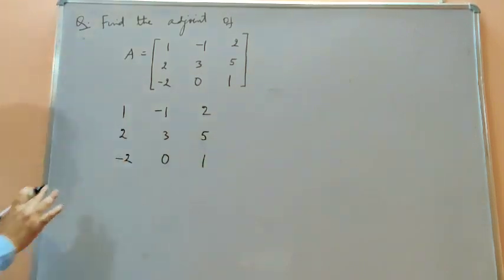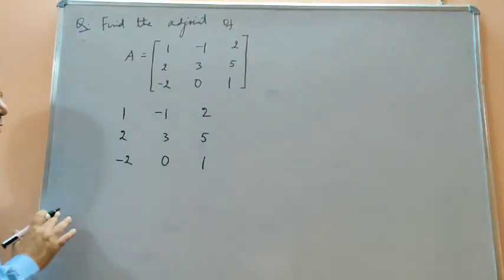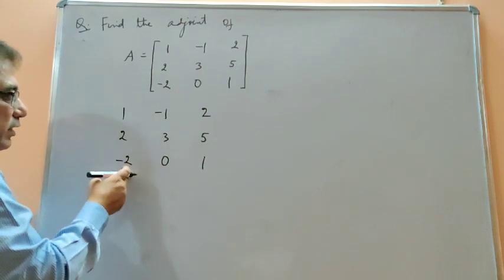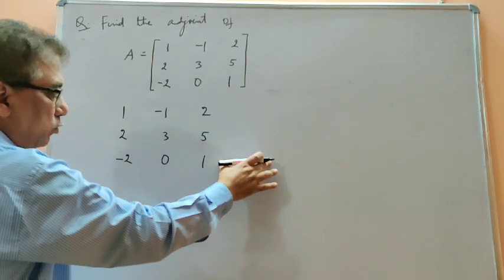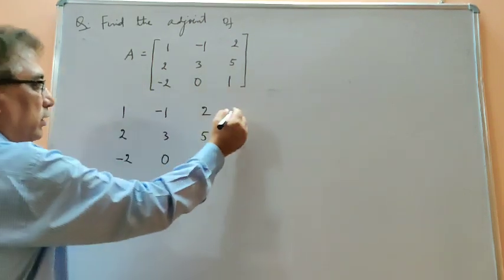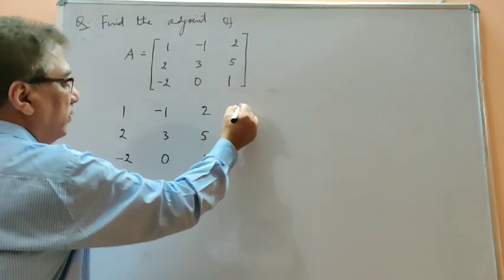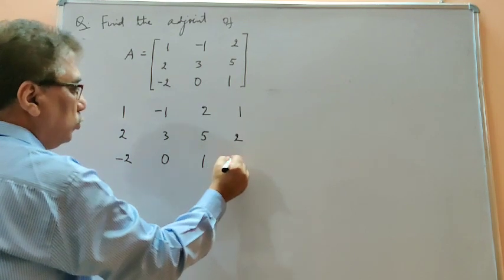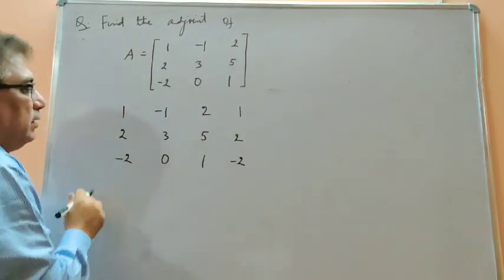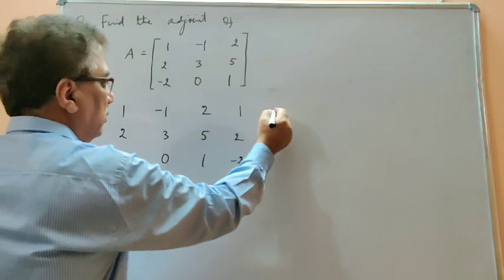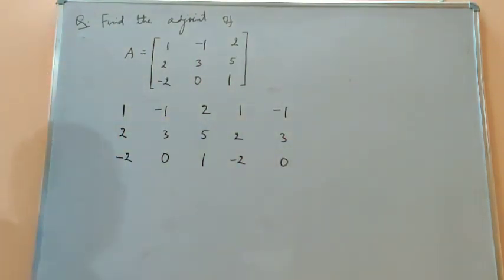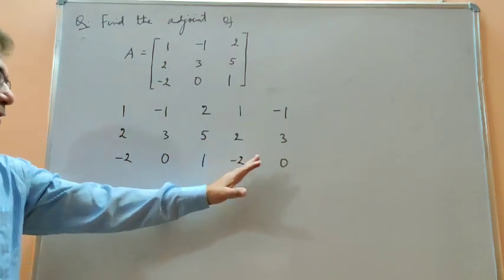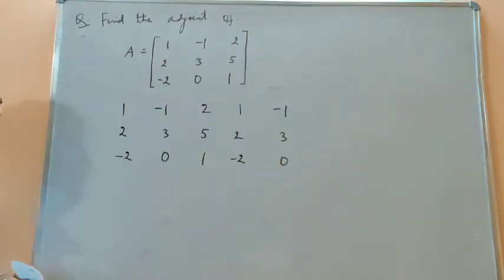This is the given matrix. Now this is column 1 and this is column 2. We are going to repeat these two columns here. So the next column, column number 4, will be 1 2 -2, and again -1 3 0. So these two columns we have repeated.